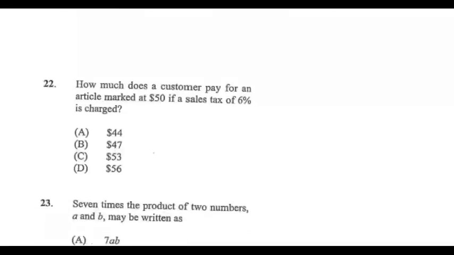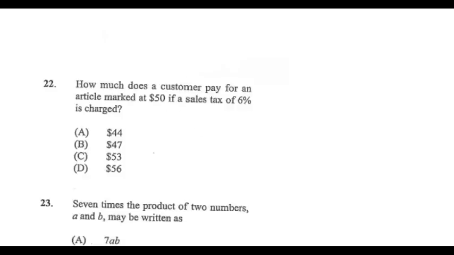22. How much does a customer pay for an article marked at $50 if a sales tax of 6% is charged? So what we need to do is find the tax on the article, then add the tax amount to the marked price of the article, and we find the total amount that was charged.